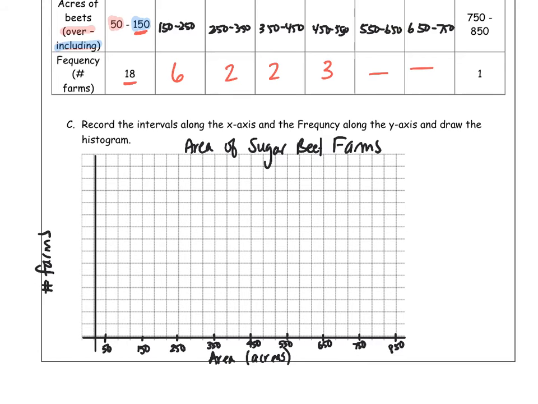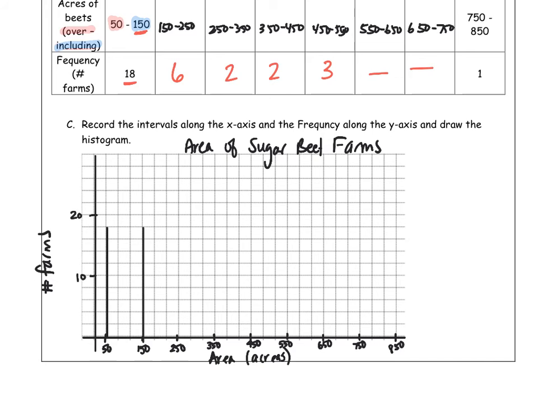Okay, so there we have our x-axis done, and on the y-axis, the largest number that I have to put on is 18. So I'm going to go up by 2s: 2, 4, 6, 8, 10, 12, 14, 16, 18, 20. So between 50 and 150, there are 18 farms. So I'm going to draw my first bar at that height.